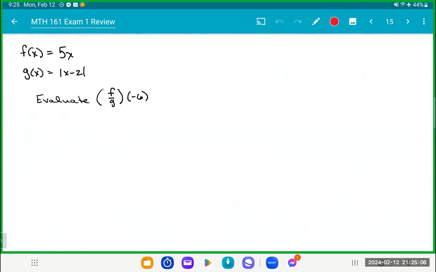So for this one, we're going to look at some of those functions. This one is looking at our f function divided by our g function, evaluated at negative 6. So this is f divided by g, and we want to evaluate that at negative 6. So that's 5 times negative 6 divided by the absolute value of negative 6 minus 2.